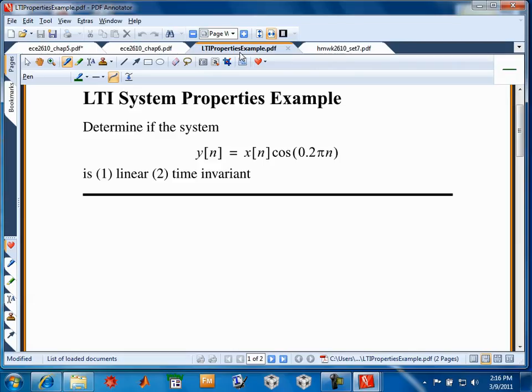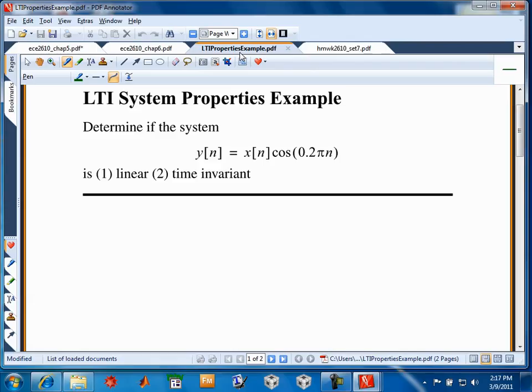This example is very easy to me. I look at it and I say, there's nothing to it, but to walk through the arguments, that's what we have to do. So that's our input-output system. One of the things that you might do is draw a picture of what's happening. That might help you understand whether or not it's linear or time invariant.